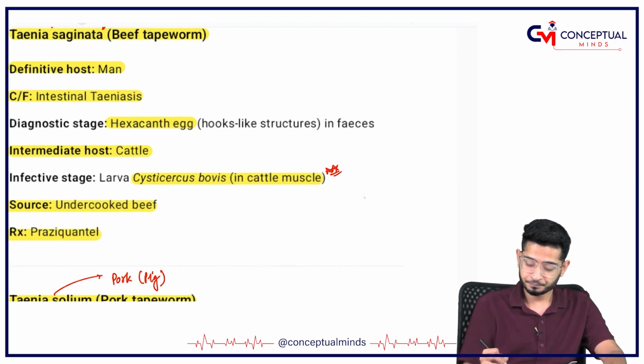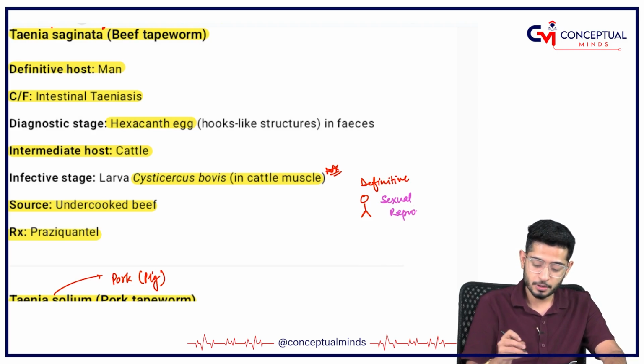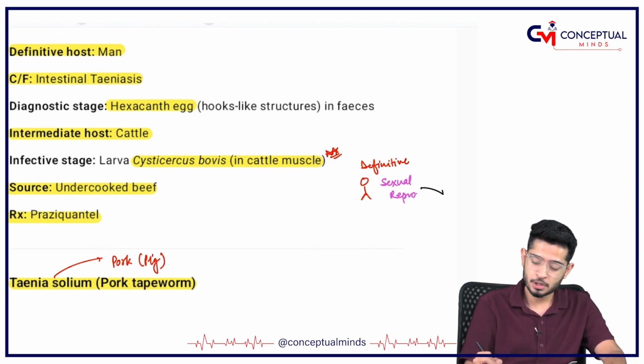So how is it going to happen? Let me tell you. In man, the definitive host, there will be sexual reproduction, and as the result of sexual reproduction, what is going to get produced? There will be production of eggs. Which egg? Hexacanth egg. Now this hexacanth egg will be eaten by whom?